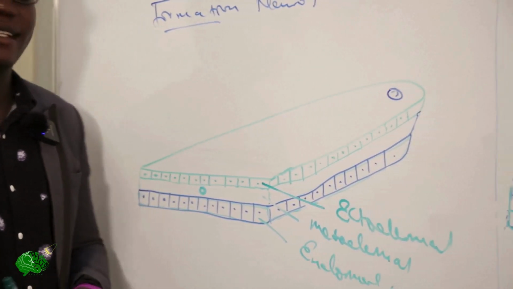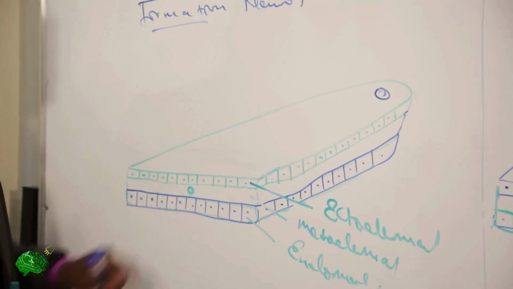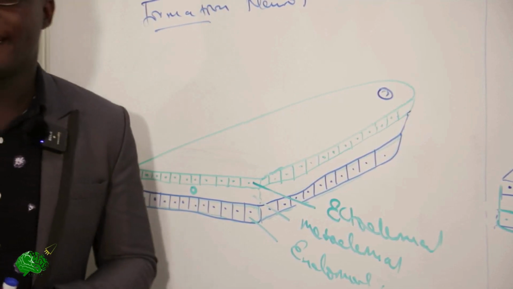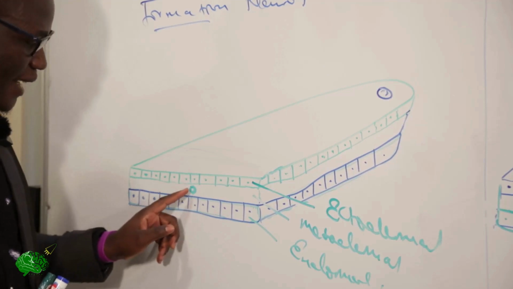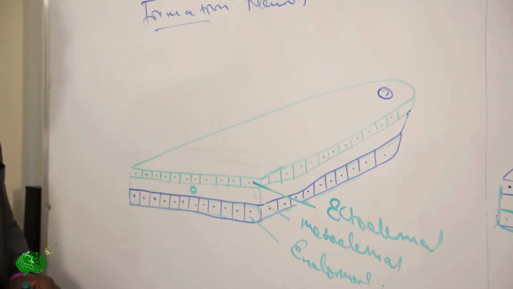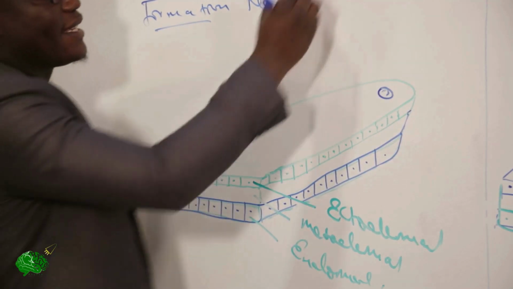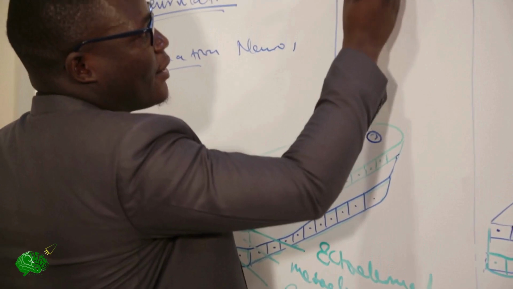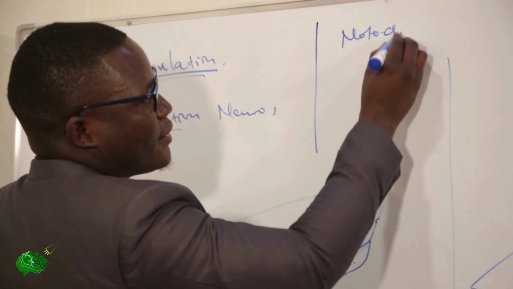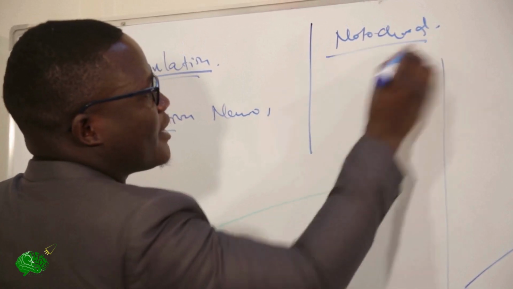Why is it important to know about notochord formation for you to appreciate neurulation? It's because the notochord acts as the primary inducer of neurulation. The notochord has 3 basic functions in this particular discussion.